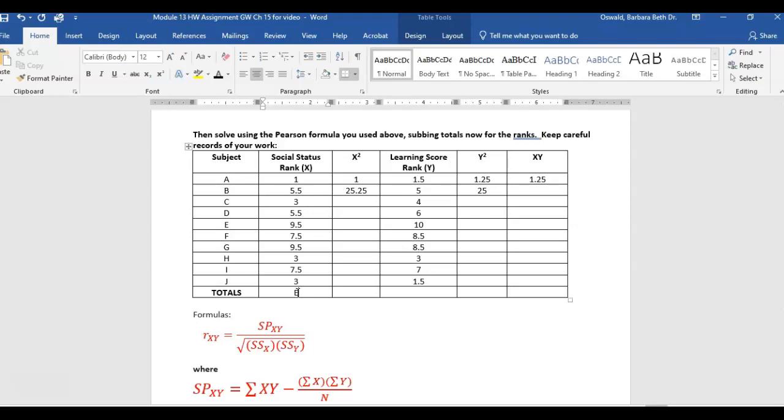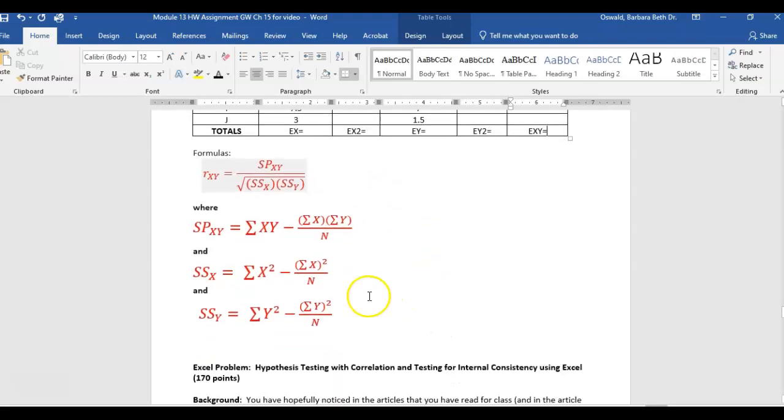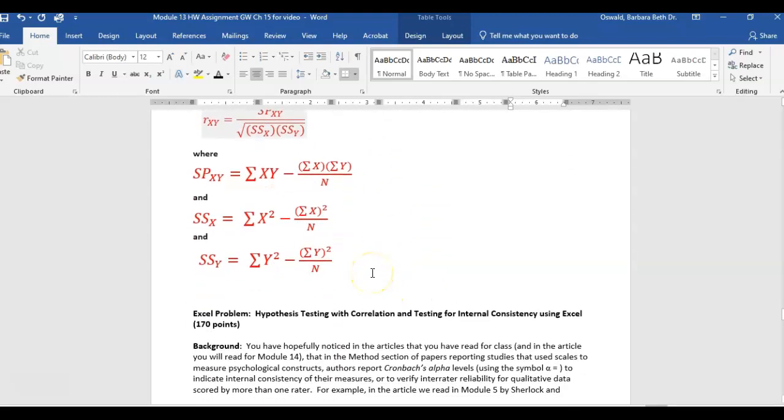We're going to get ΣX values here, ΣX squared values here, ΣY values here, ΣY squared values here, and ΣXY values here. Then you can just plug those numbers into the formula and solve for your correlation, and then interpret that by looking up your degrees of freedom on page 658 to get your critical value.